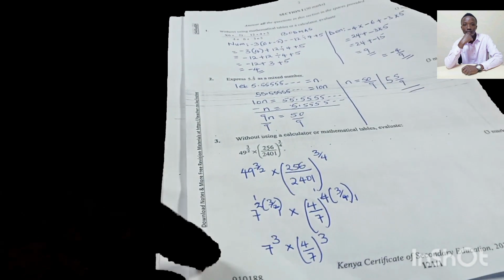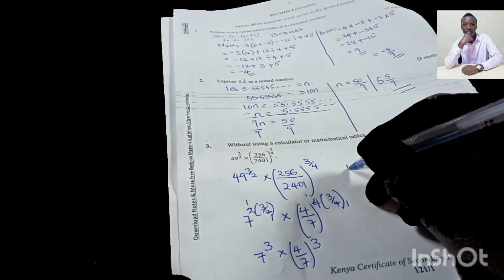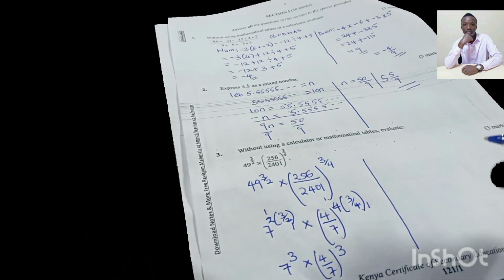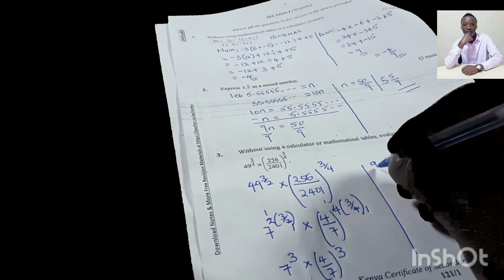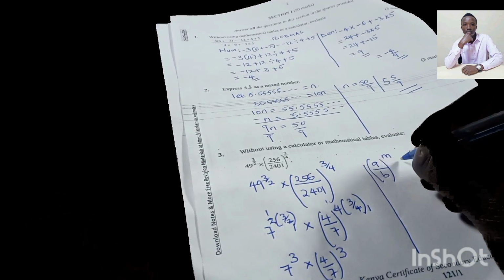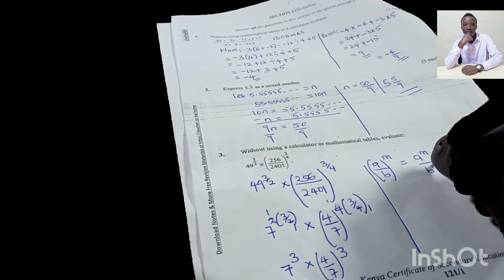4 over 7 cubed. Remember, the law of indices states that a over b to the power m is the same as a to the power m over b to the power m.